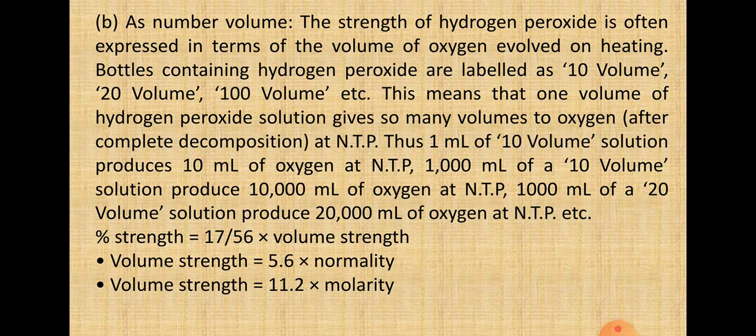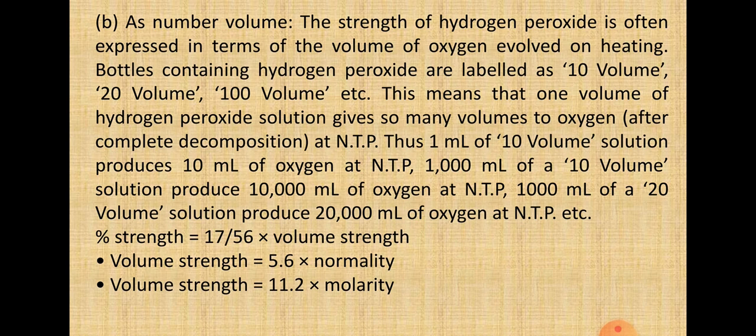If the strength is given as volume, the strength of hydrogen peroxide is often expressed in terms of the volume of oxygen evolved on heating. Bottles containing hydrogen peroxide are labeled as 10 volume, 20 volume, 100 volume, etc. This means that 1 volume of hydrogen peroxide can give so many volumes of oxygen after complete decomposition.